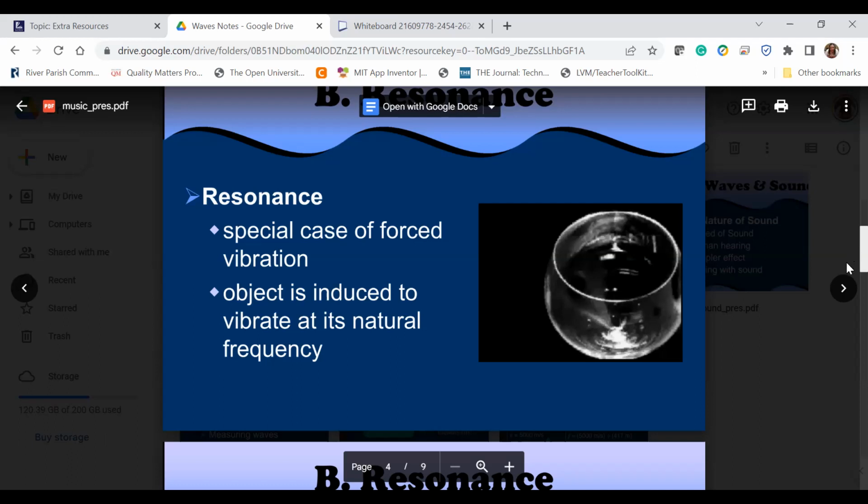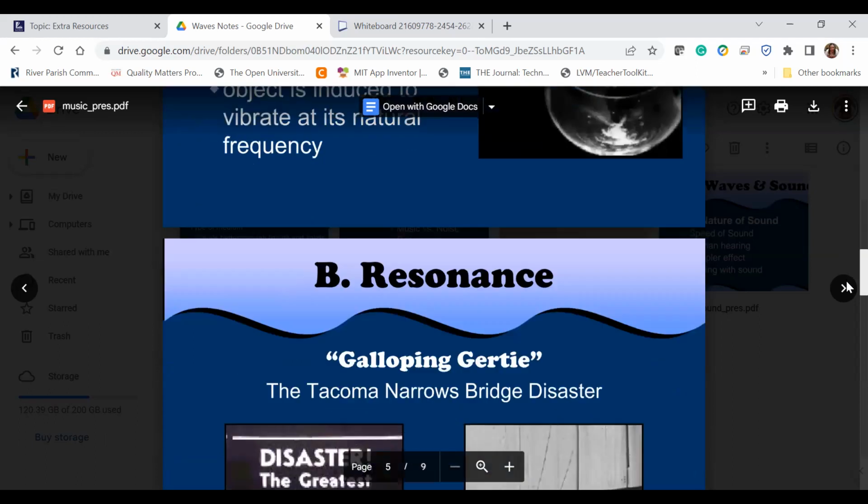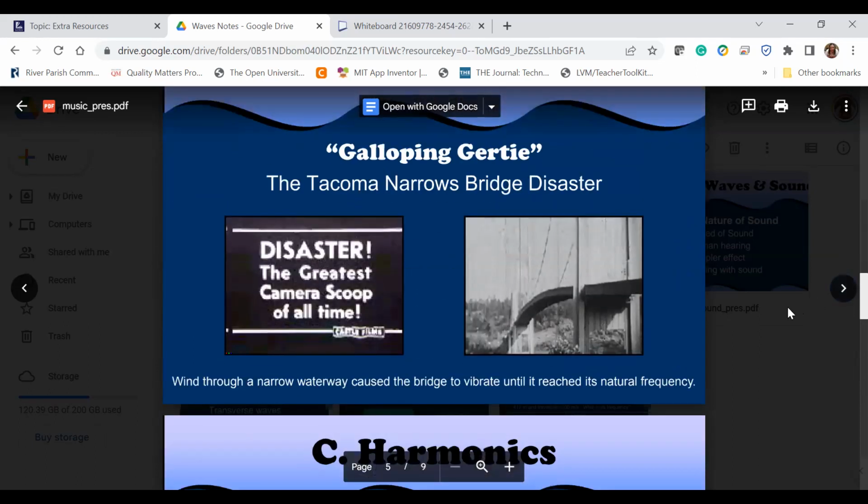We also see resonance at play during an earthquake, for example. If you see a bridge vibrating, that's because an earthquake is a seismic wave. That wave has a frequency, which, if you recall, is associated with energy. That wave carries a certain amount of energy depending on its amplitude.